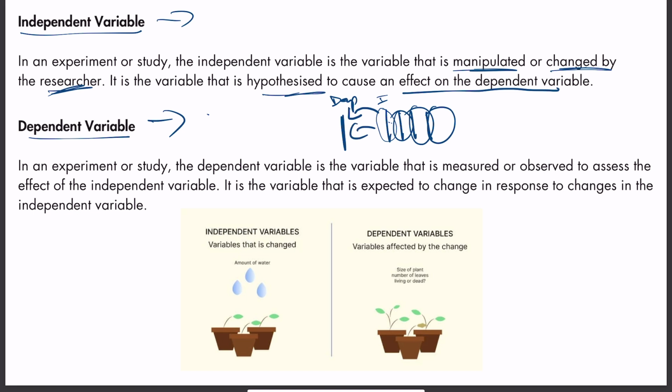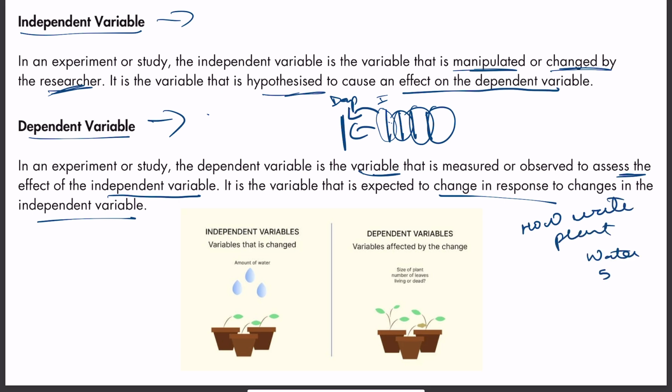So a dependent variable is the variable that is measured or observed to assess the effect of the independent variable. Okay, it is a variable that is expected to change in response to changes in independent variable. Let's take an example. Let's say you want to assess how much water will affect my plant growth.